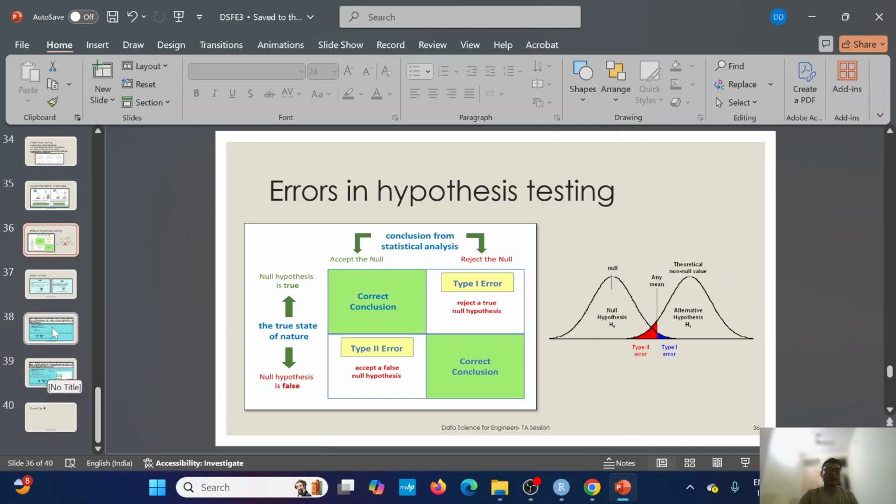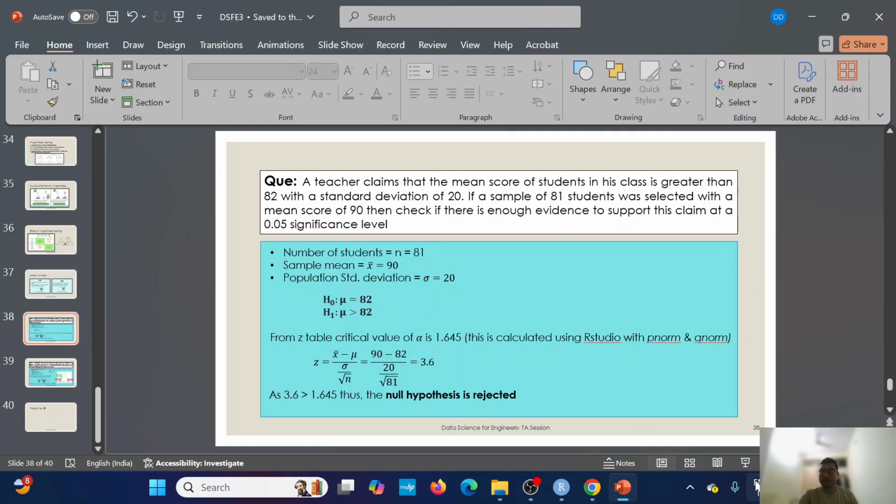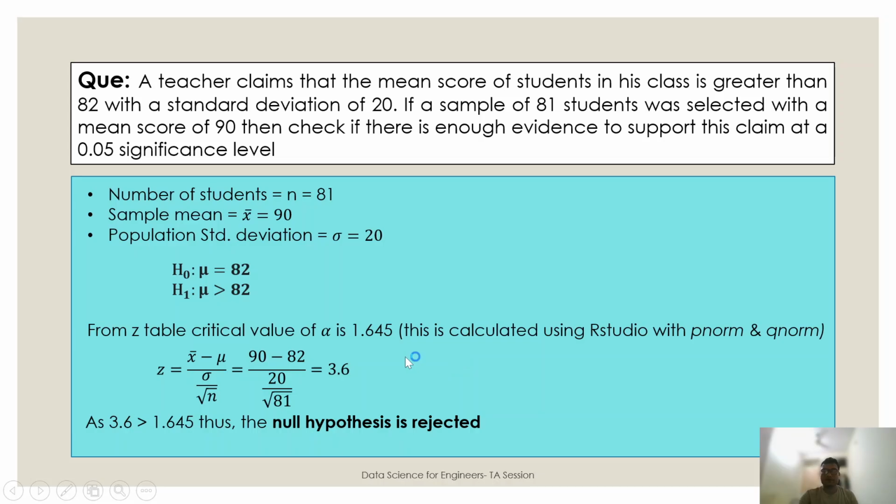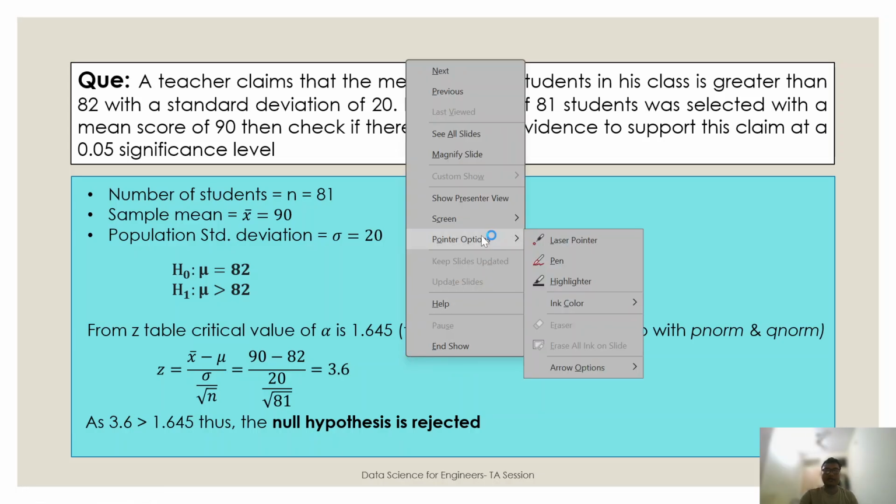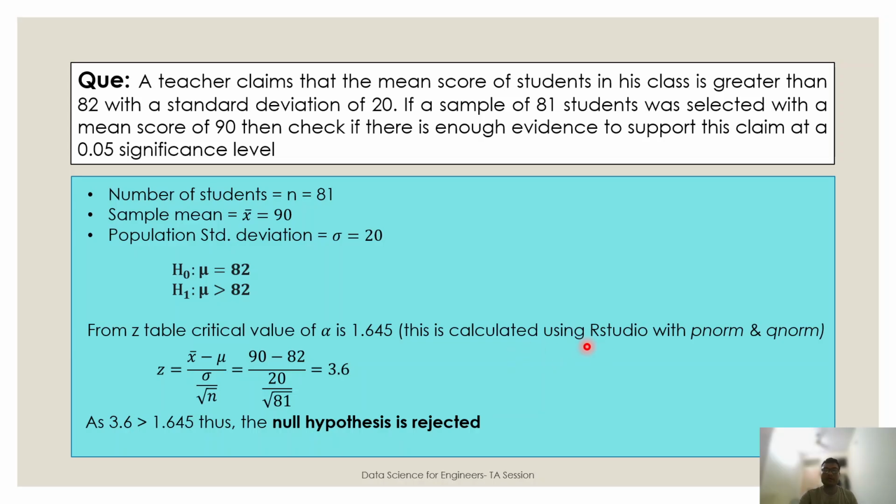With the help of pnorm and qnorm, you can convert this 3.6, and you can convert this 0.05 significance level to a particular number. You can convert this probability to number form. It's just a mapping. And here, as 3.6 is greater than 1.645, the null hypothesis is rejected.